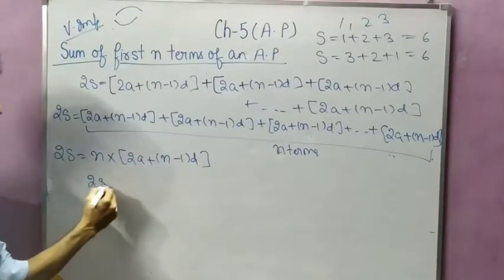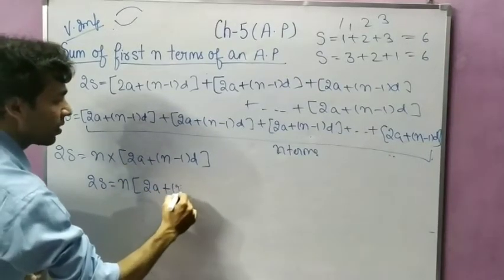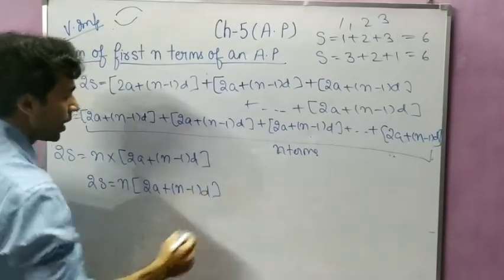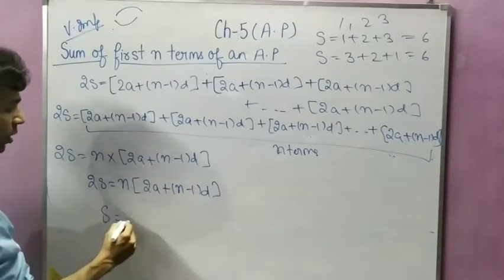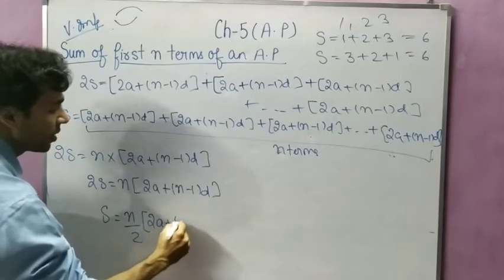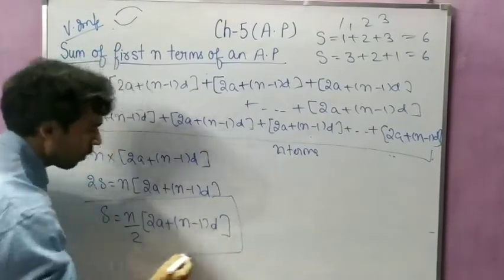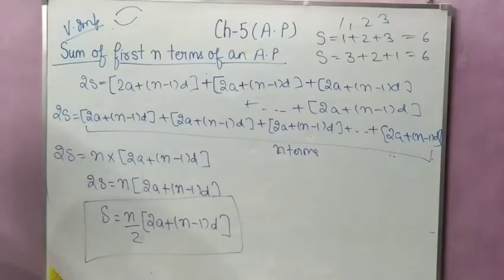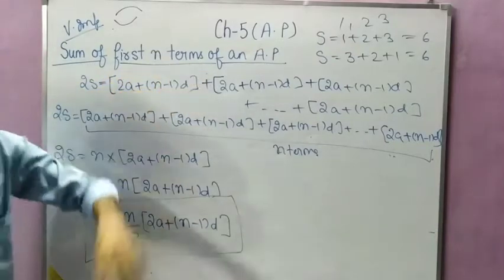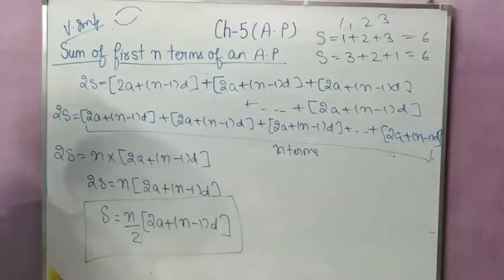So 2s equal to n in bracket 2a plus n minus 1d, or s equal to n upon 2 in bracket 2a plus n minus 1d. So this is the formula for the sum of the first n terms of an AP. Now note it down.